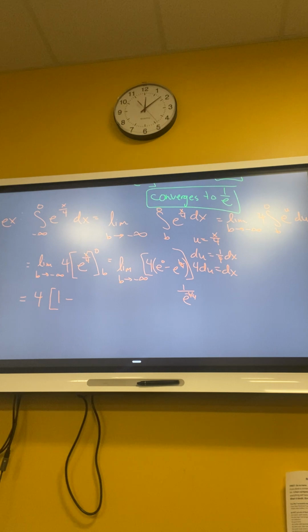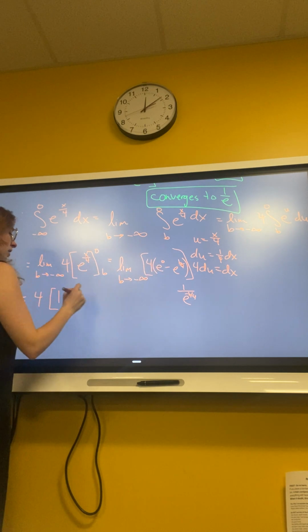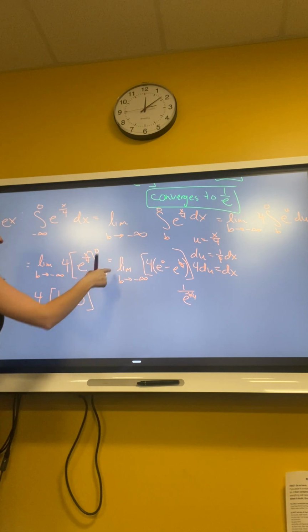Approaching 0, that's right. Now, had it been approaching positive infinity, this would be divergent, right? Because I would just have e to something approaching infinity. But that negative, since it's taking it down to the bottom, it's actually approaching 0. So now I'm taking the limit so I don't have to carry that limit piece around anymore.